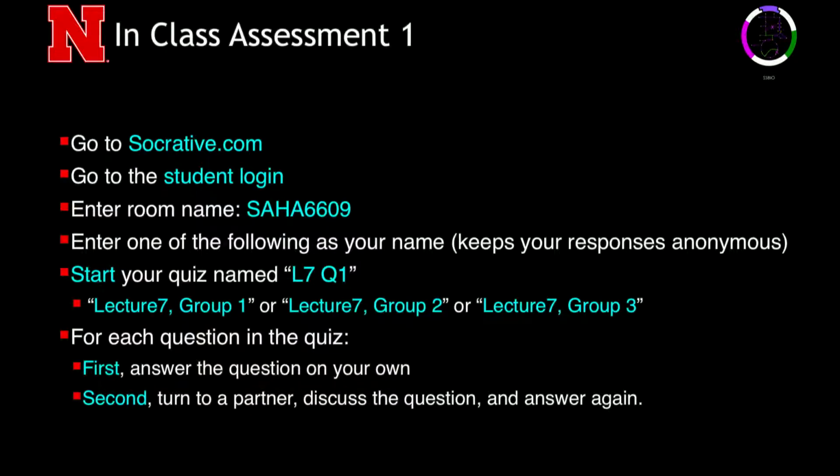If you go to this website, you will see two different kinds of login: teacher login and student login. Click student login, and this is the name of our class, Saha 6609. If you select that, you will see a quiz named L7Q1.